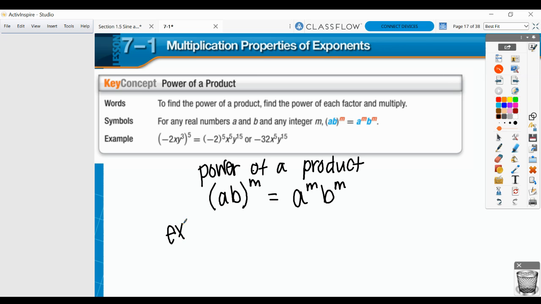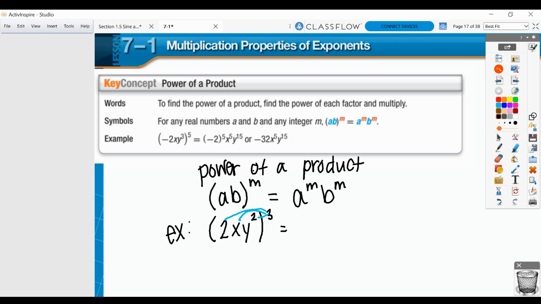So for an example, if we had 2xy squared, and I'm raising it to the third power, this is a power of a product. So basically what you're doing is you are distributing this 3 to each one of those terms.